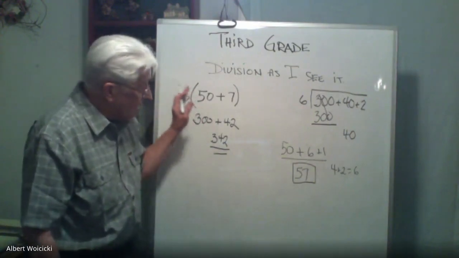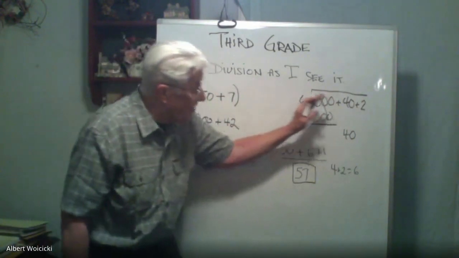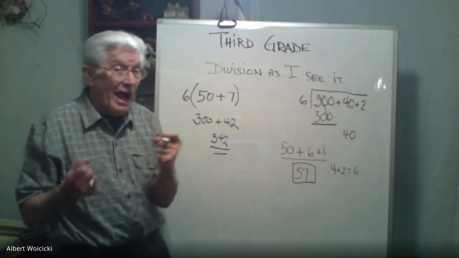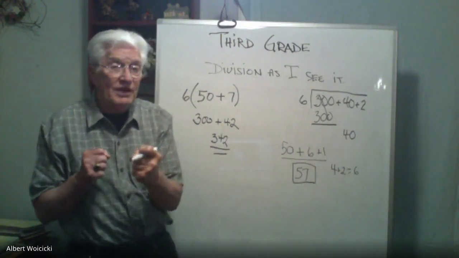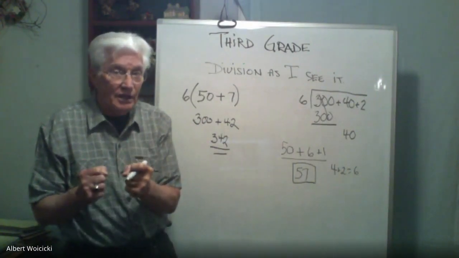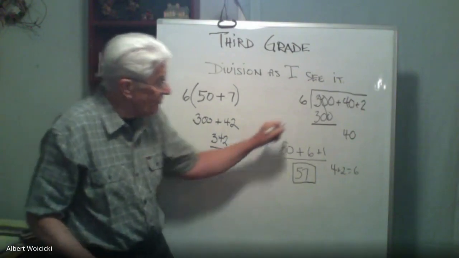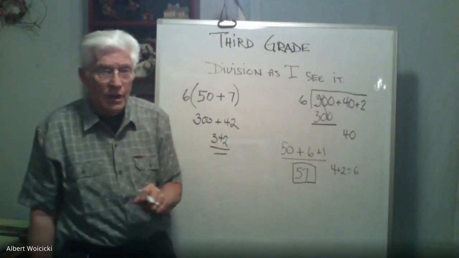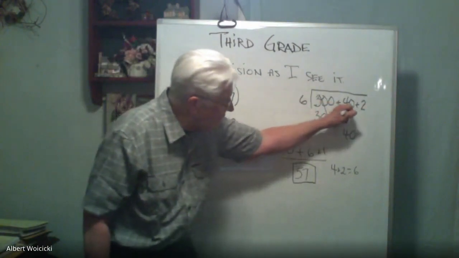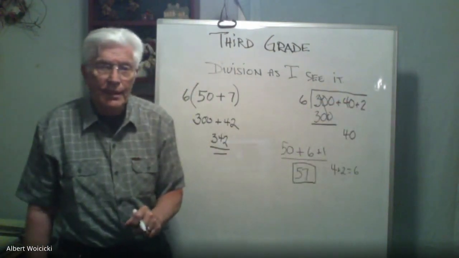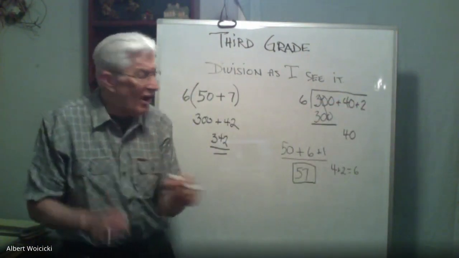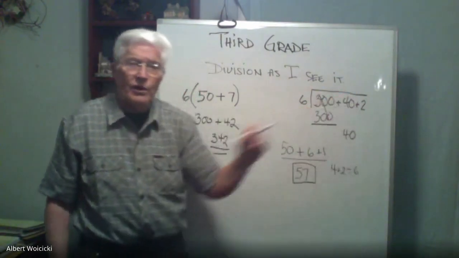So now, to me, this is how I believe students will be able to see it happening. Start with single digits out here, but break down the number inside. Make them aware of the zeros and how they work.